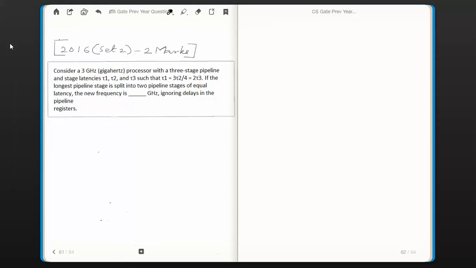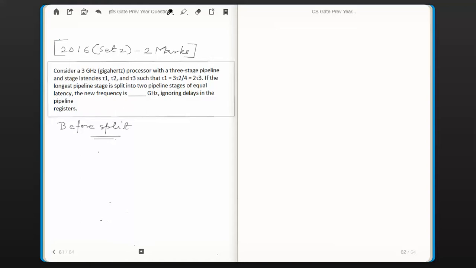The stage latencies are given as tau 1, tau 2 and tau 3, and the relationship between these stage latencies is also given. So using these relationships, let us find out which one was the largest stage latency before split.